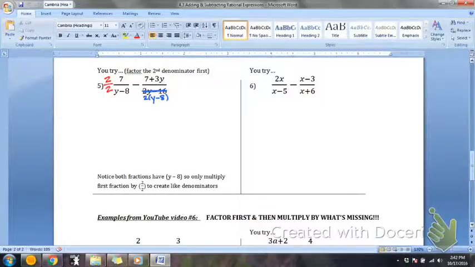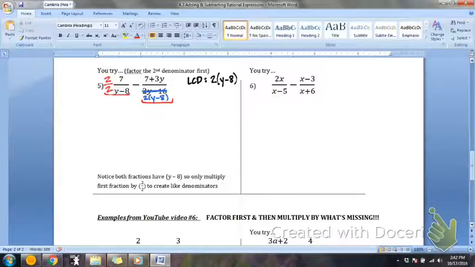Do we need to mess with the second fraction? No, because now my denominators match. So now my LCD is 2 times y minus 8. Be very careful with your negative signs on this problem.